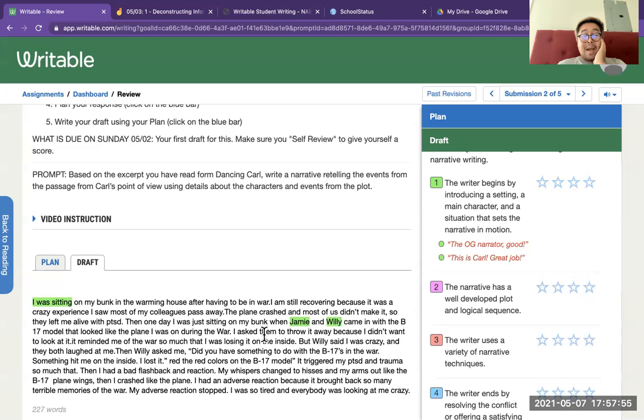But in the actual story, Carl asked the original narrator to throw it away because it was the original narrator that made that stick model B-17. So this would be more correct if it said, I asked Jamie to throw it away, right? Because Jamie, in this remix, was the original narrator.